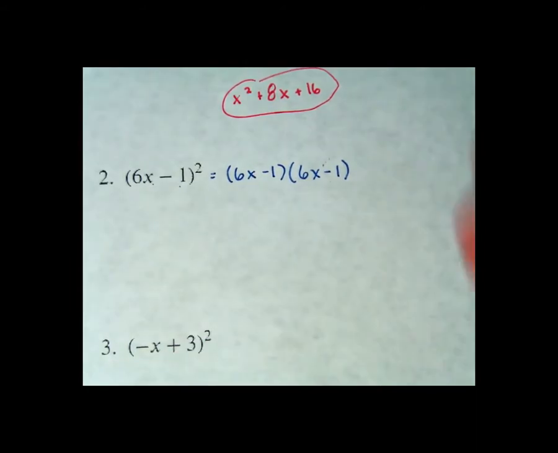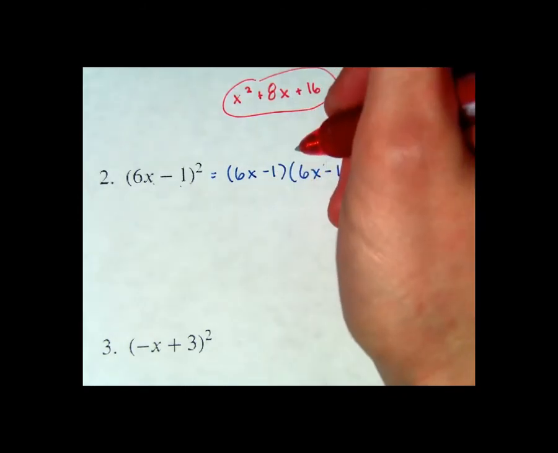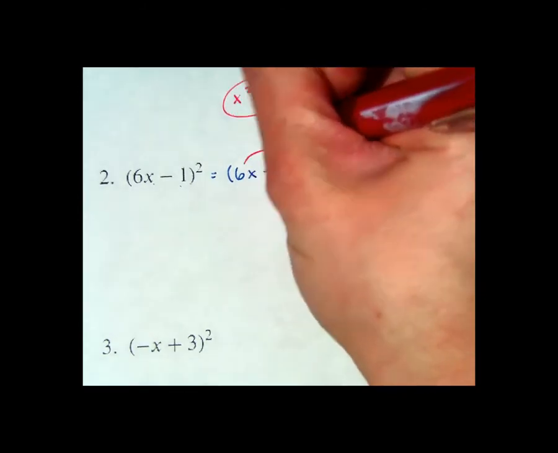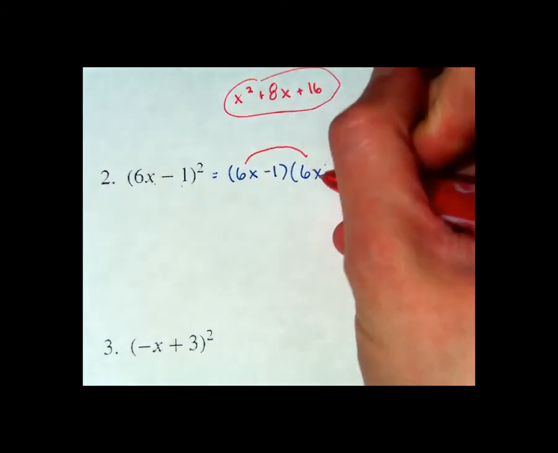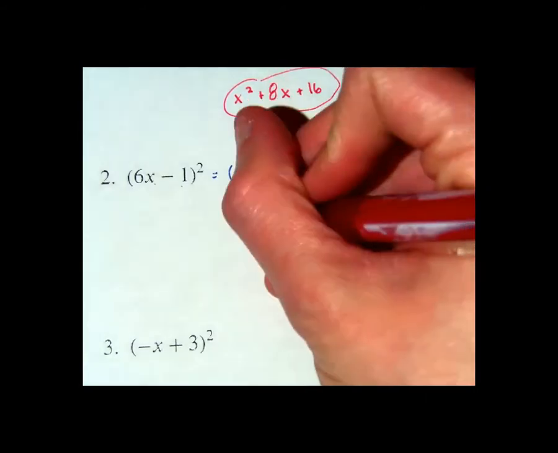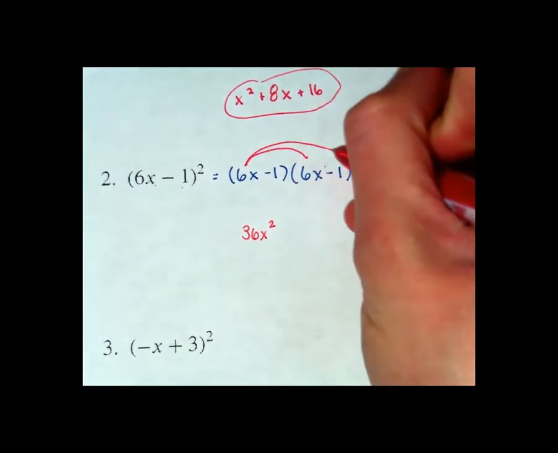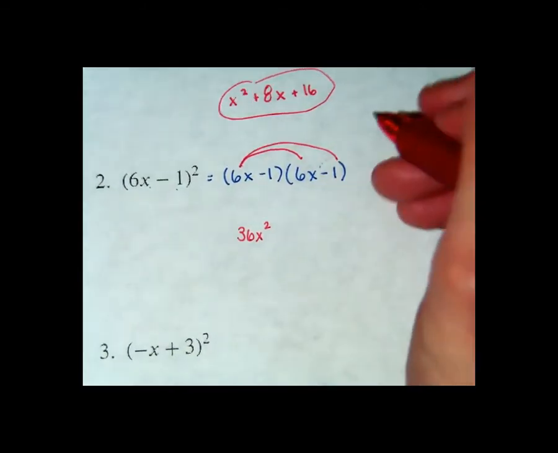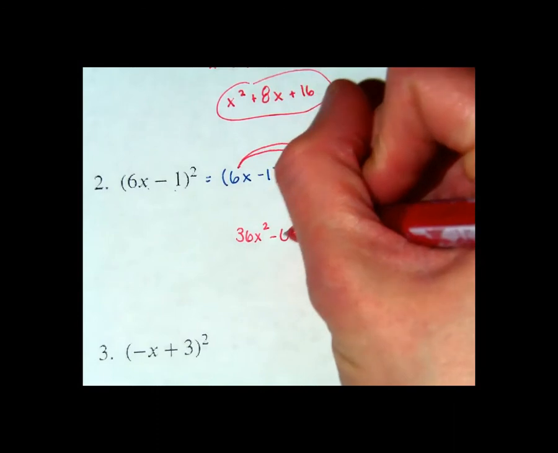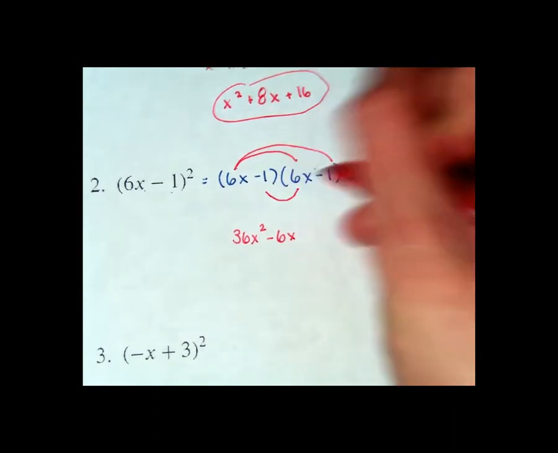Alright, now what do I do? Okay, 6x times 6x. 36x squared. 6x times negative 1. Negative 1 times 6x.